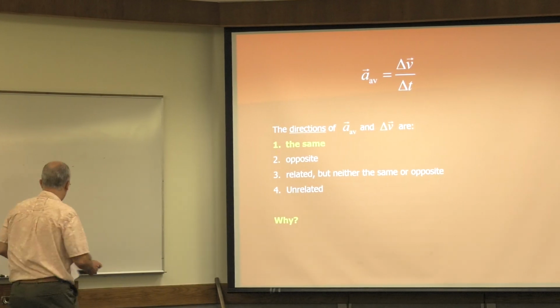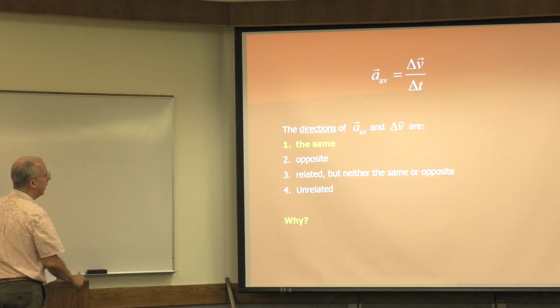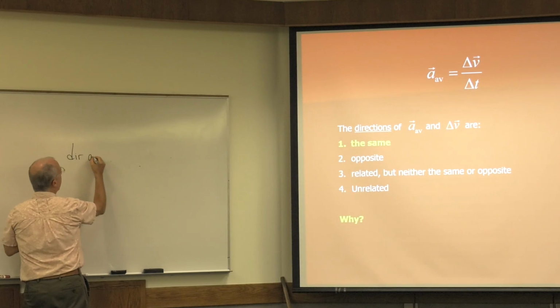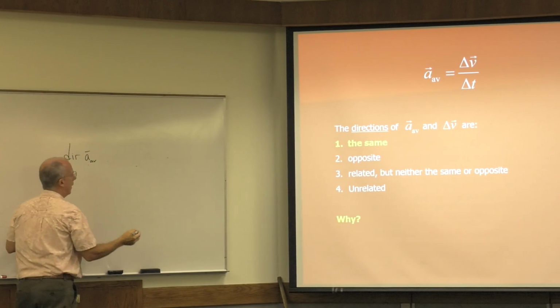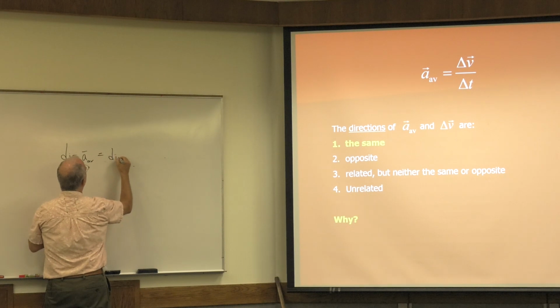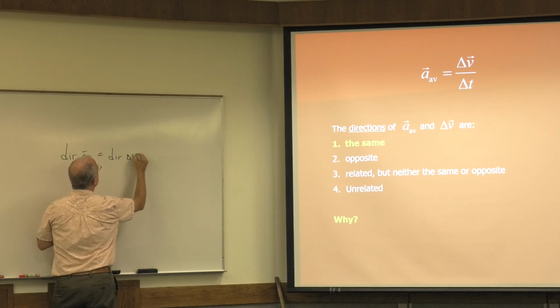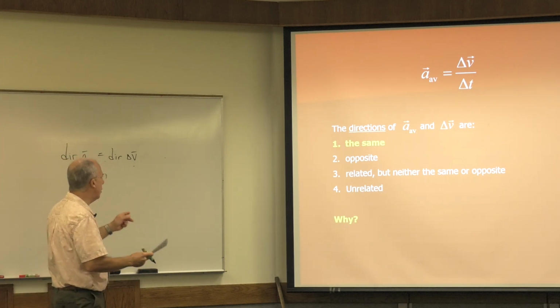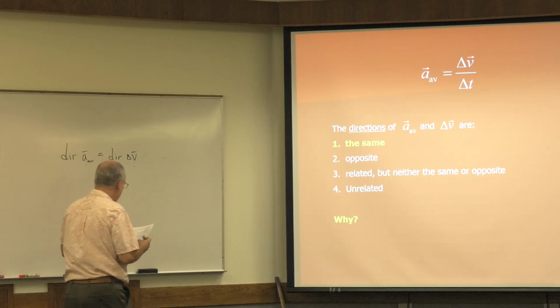All right? Okay, so what am I saying? I'm saying if you want to find the direction of A average, that's the same thing as the direction of delta V, right? It's not magnitude, because we're ignoring delta T, right? This is just the direction. All right, now hold it.